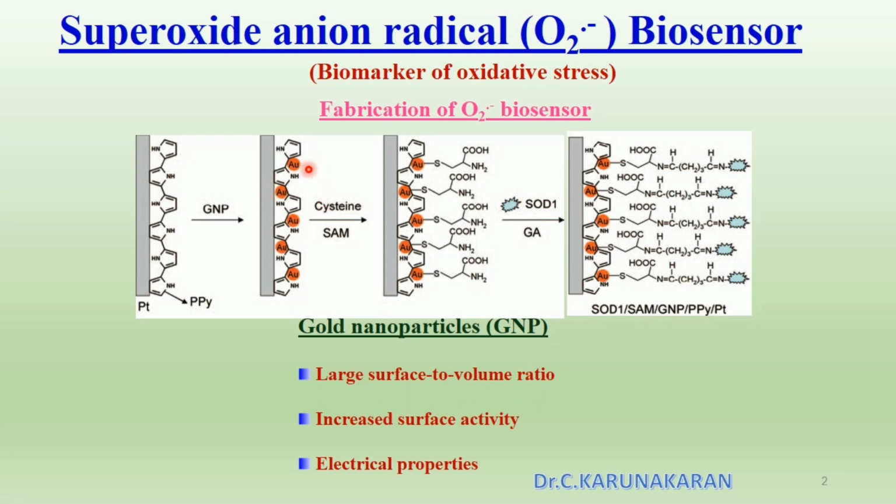And also we have developed biosensors for proteins, enzymatic biosensors, and we have also developed immunosensors based on antigen-antibody interactions. We have also developed molecular imprinting based biosensors for neuronal disease biomarkers.